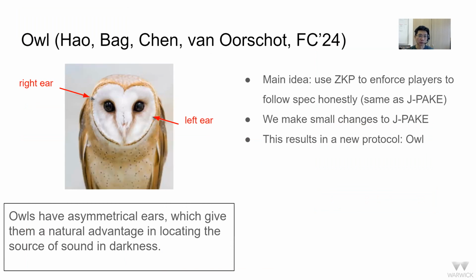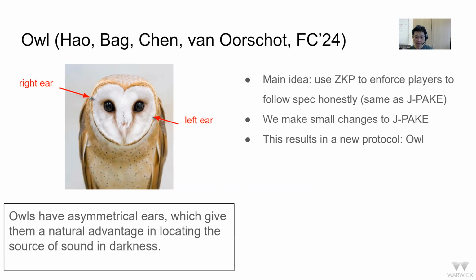It turns out that we can do it for augmented PAKE as well. So this leads to a new protocol. The main idea in this new protocol is still to use zero-knowledge proof to enforce players to follow the specification honestly, which follows the same design principle as in JPAKE.